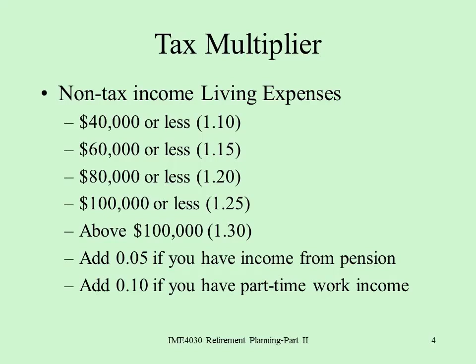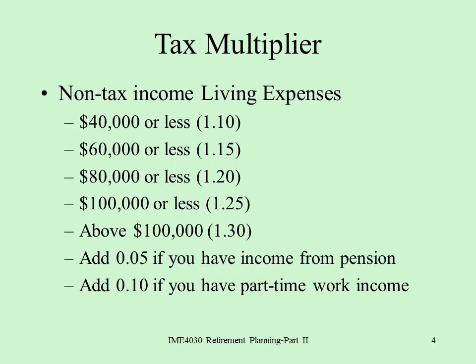The effect of getting some of your retirement income from a pension will increase that, or if you're working part-time, so we're going to add either 0.05 or 0.10 to those factors depending on whether you're getting your income from a pension or from part-time work. And so we're taking taxes into account on a very elementary level.